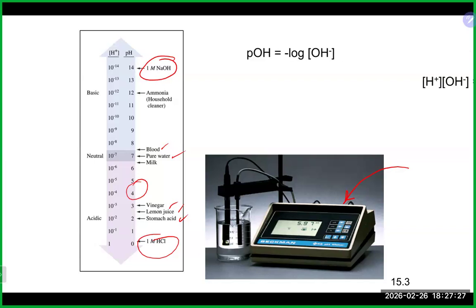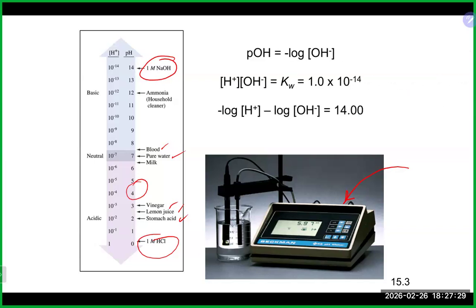Another scale that is similar to pH is the pOH scale. Much like the pH scale, it runs from 0 to 14, but it is different. Once again, the name tells you what you need.